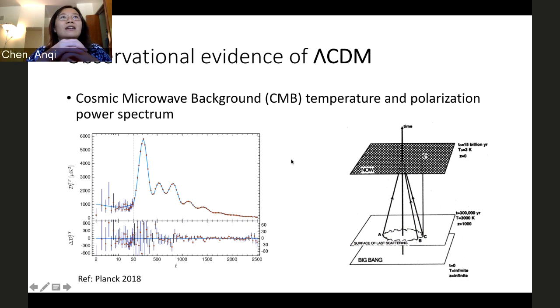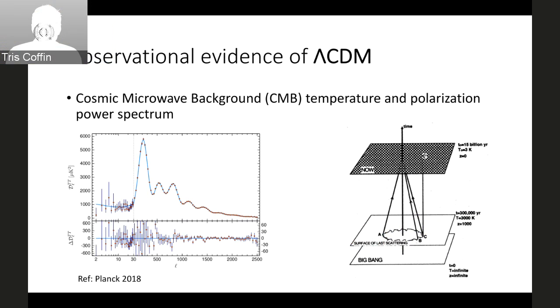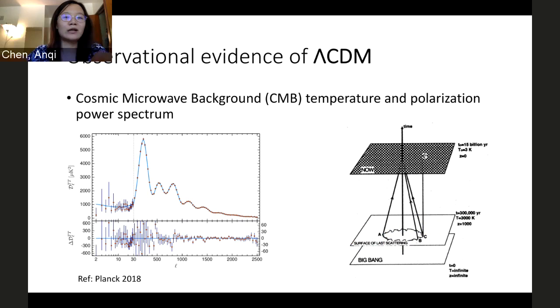Because in the plasma before photon decouples, there's this sound horizon in this plasma, the sound space. So there are small fluctuations in this plasma, and there's a characteristic sound horizon. As the photon decouples, this sound horizon scale is imprinted into its temperature fluctuation map.